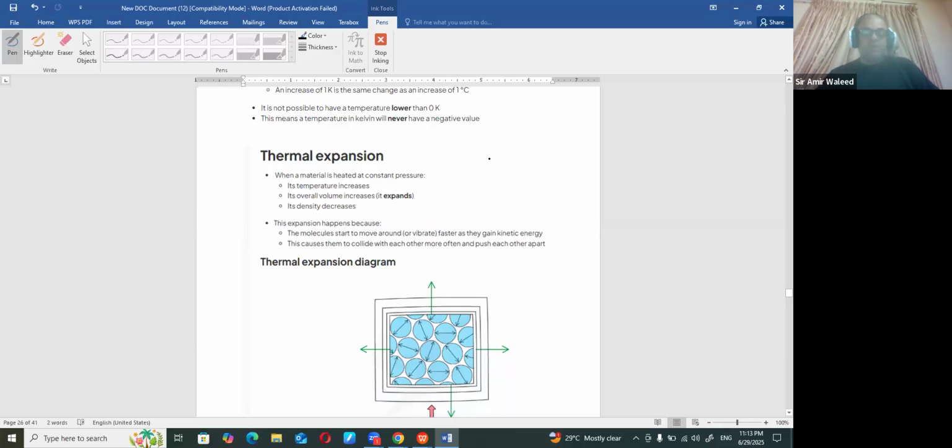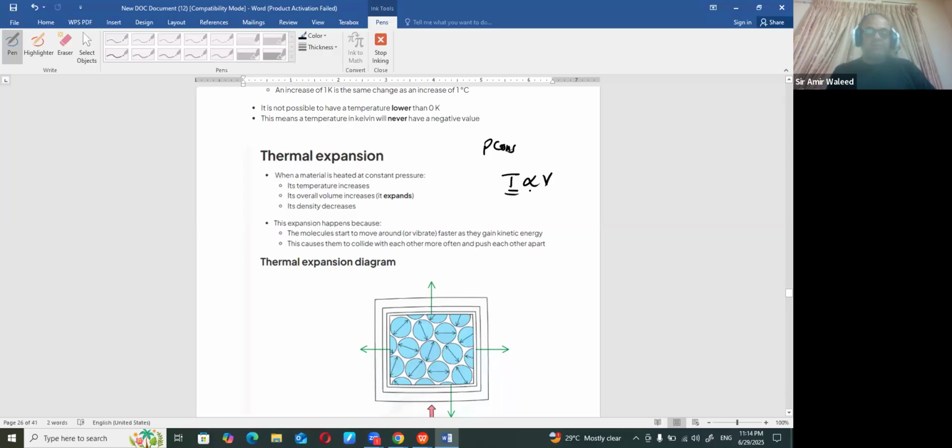Now, remember that if we want to see the relationship, you keep the pressure constant. So you've seen this. If you increase the temperature, the volume also increases because particles take enough kinetic energy from the heat energy and they start expanding. So it means that temperature is directly proportional to the volume.